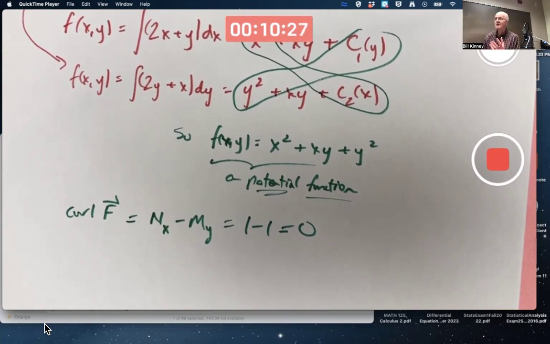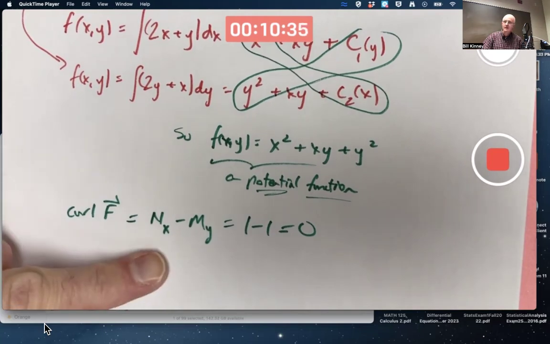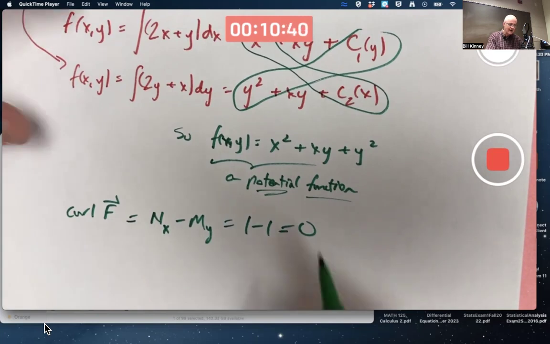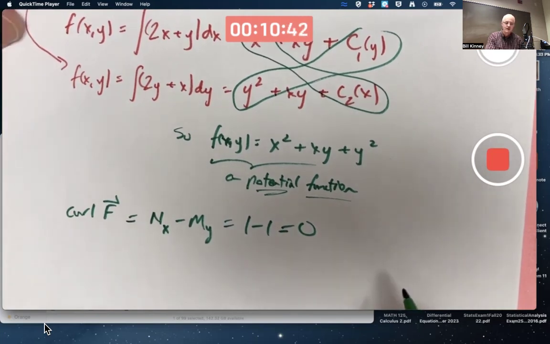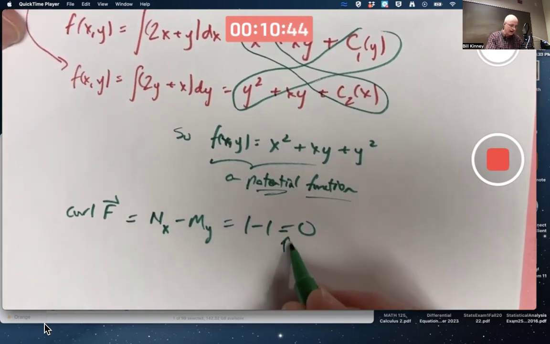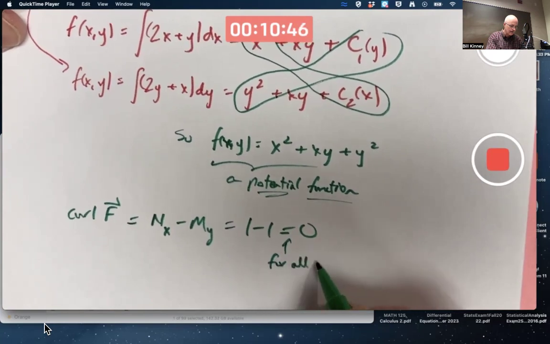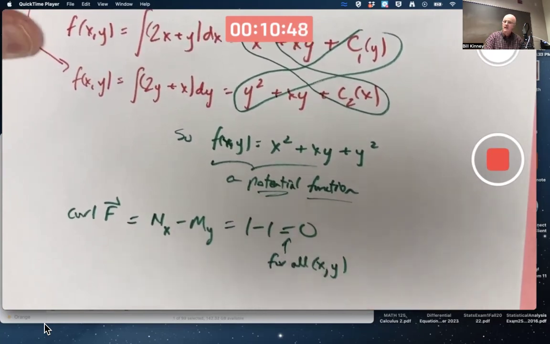In general, the curl and the divergence depend on x and y, and maybe z with a third component. But here, with this example, it doesn't. It's a constant, and in fact, that constant is 0. This is for all x, y in the plane.